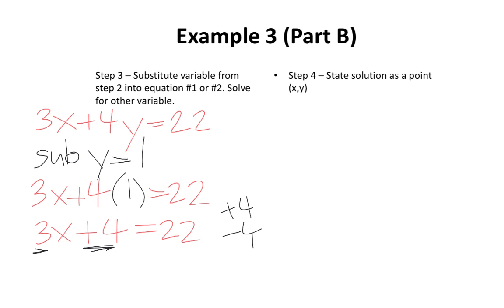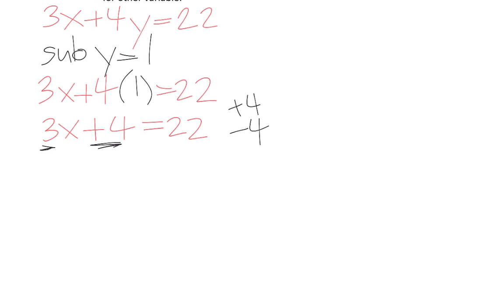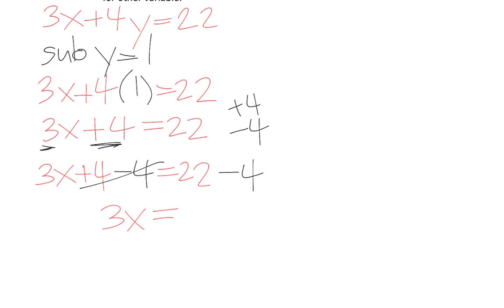Therefore, I'm going to subtract 4 from both sides of the equation. So I have 3x plus 4, subtract 4, and then I have 22 subtract 4. As you can see, positive 4 subtract 4 cancels out, which leaves me 3x. Now 22 subtract 4 is 18.